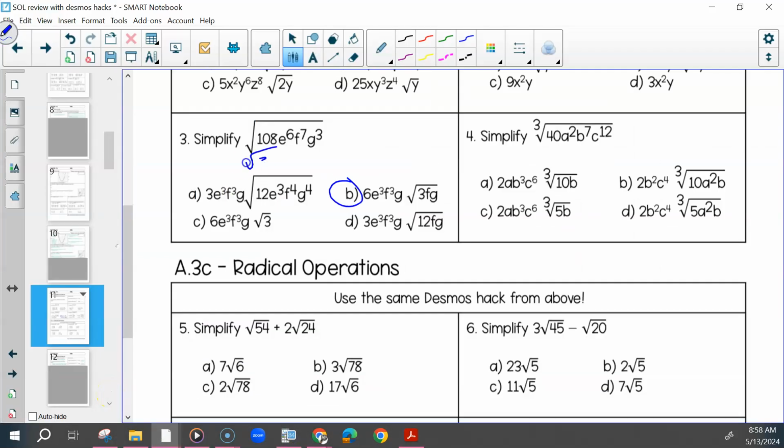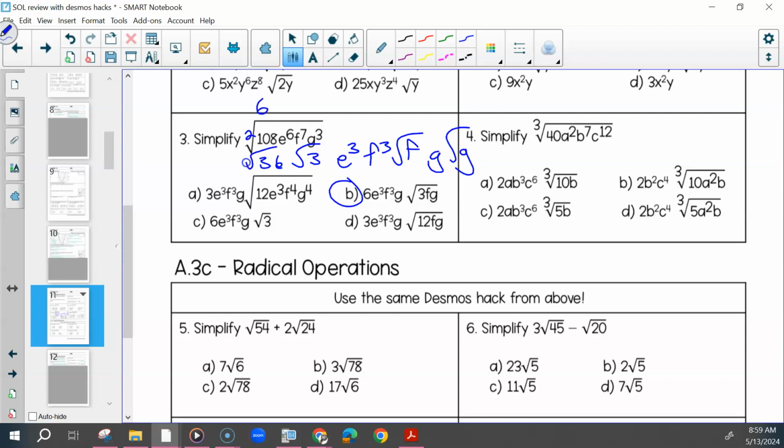So I can break that down to the square root of 36 and the square root of 3. This is a square root, so the index on the outside is 2. I know 2 goes into 6 3 times. 2 goes into 7 3 times, but there would be 1 left over. And then 2 goes into 3 once, and there would be 1 left over. So I have the square root of 36, which would be 6.